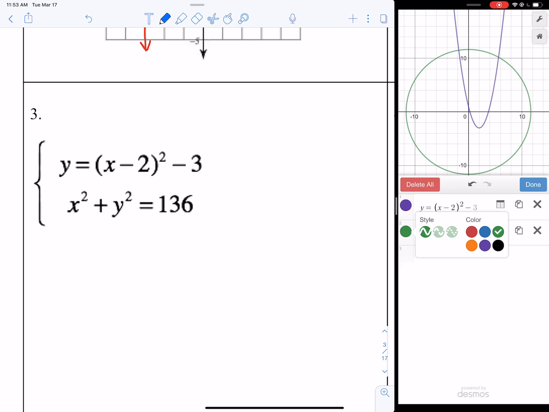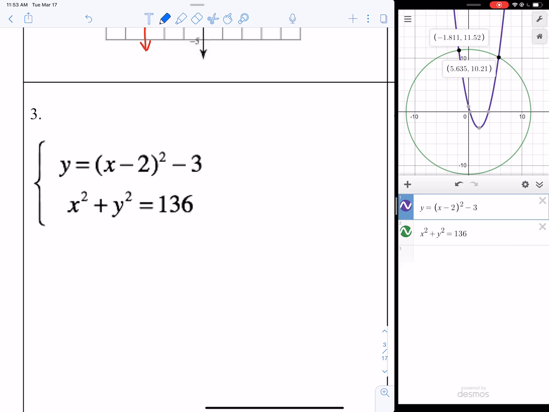So the green and the purple touch in those two places, and I would just round off to some reasonable numbers. So let's say negative 1.8 and 11.5 is one solution, and then let's say 5.6 and 10.2 would be my other solution.